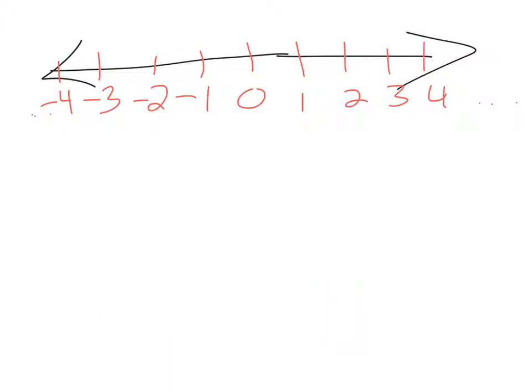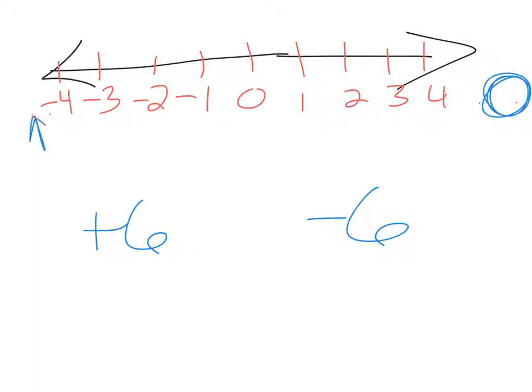Okay, I'm going to leave that number line up there because now I wouldn't worry too much about page 165. You can compare them. You can compare, like I said, if you remember that as we go left on the number line, my numbers are getting smaller. As you go right, your numbers are getting larger. So had I asked you to compare positive 6, for instance, to negative 6, obviously positive 6 would be down here somewhere on the number line, whereas negative 6 would be somewhere over here.